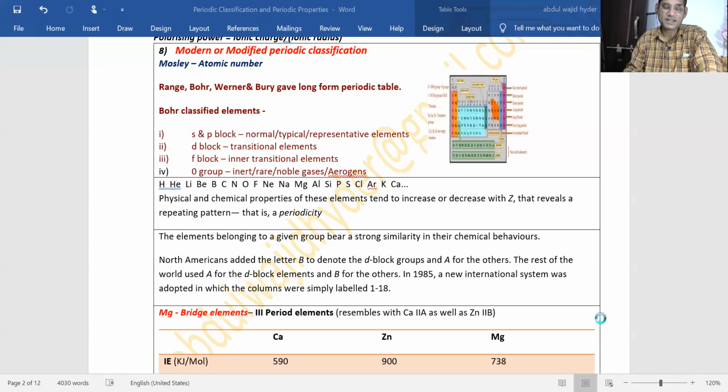Now, in this second session, we will be talking about the different properties, different points related to the classification of elements.